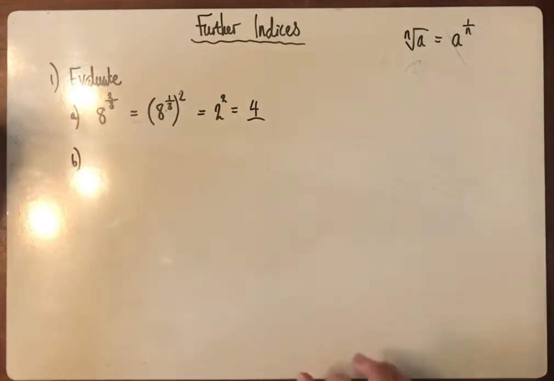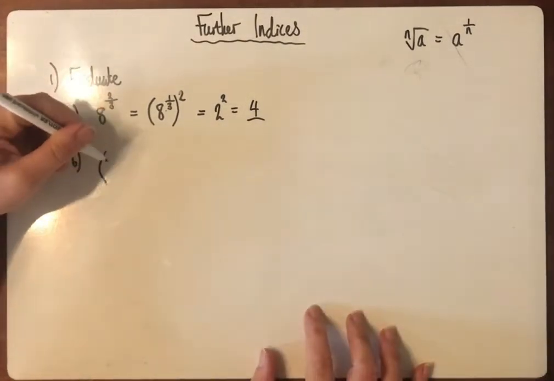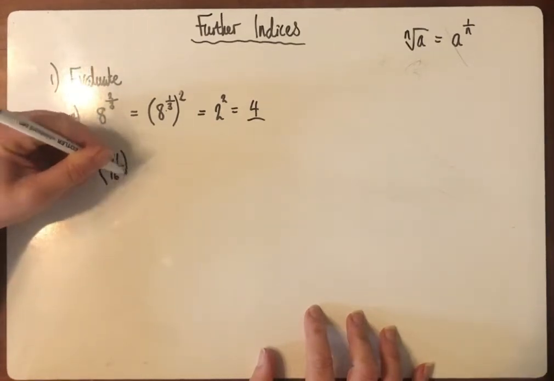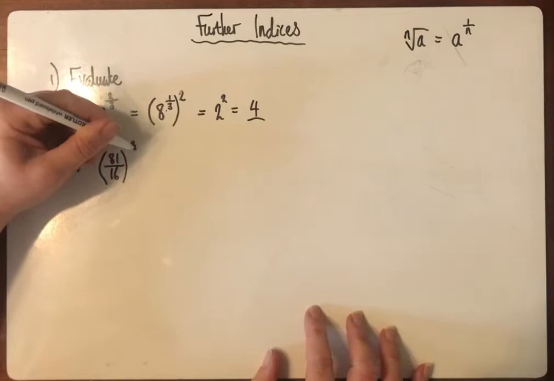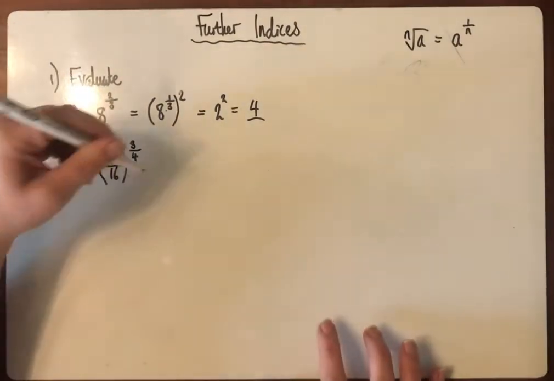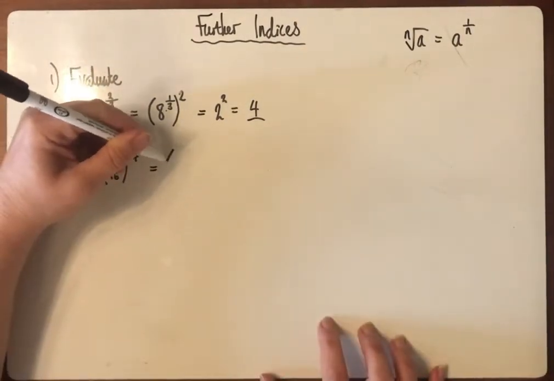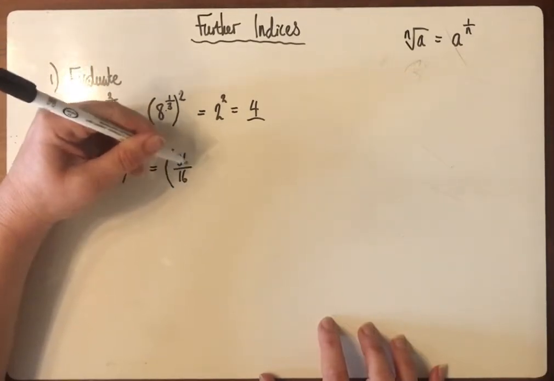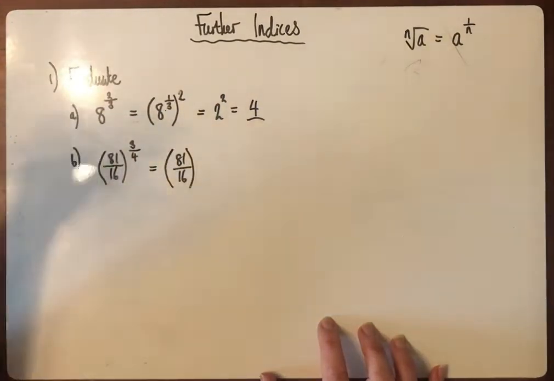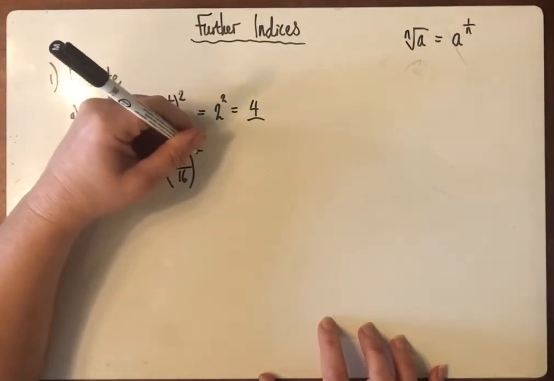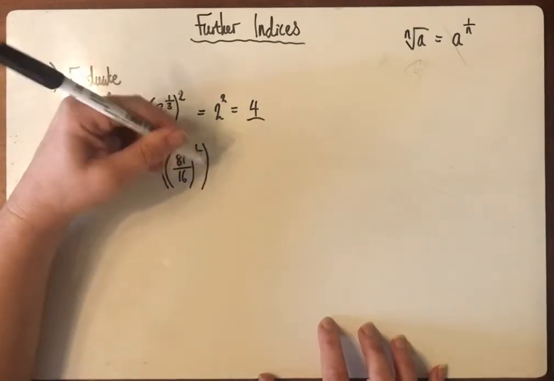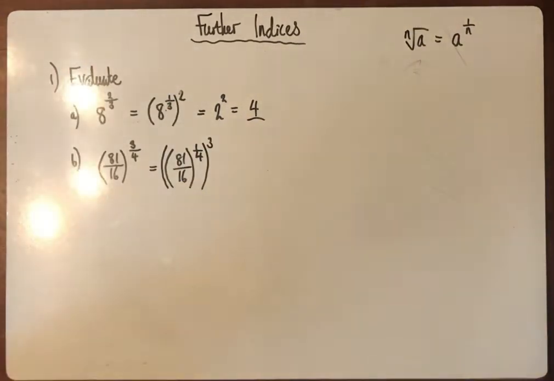If we've got a fraction, so say I've got 81 over 16 to the power of 3/4, we can do the same thing. So it's 81 over 16 to the power of 1/4, and then all of that needs to be cubed, so we get a bit of a double bracket going on there.